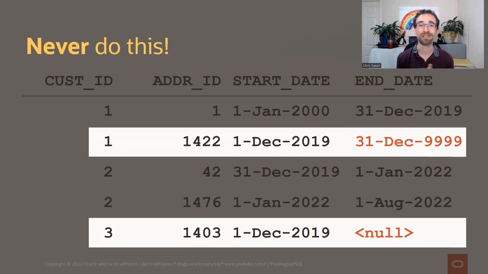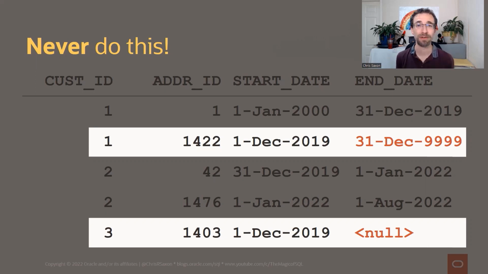And of course, more generally, try and be consistent within an application. Like I say, personally, I prefer null end dates rather than using the magic value. As much as there are downsides to null, the downsides of magic values are as big, if not bigger.